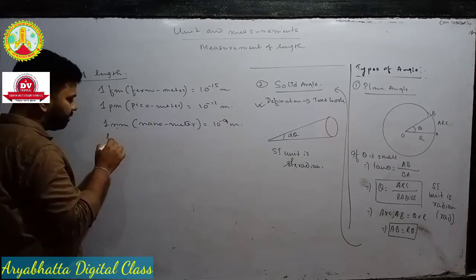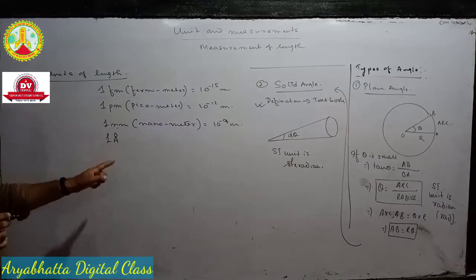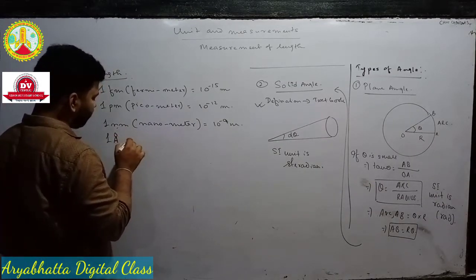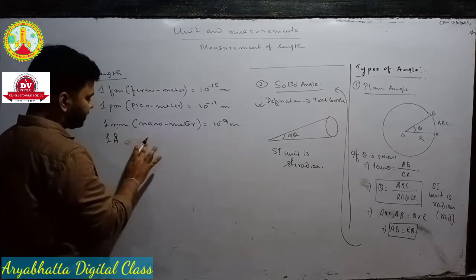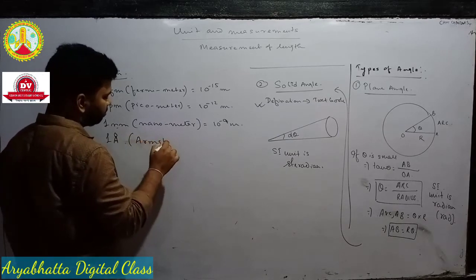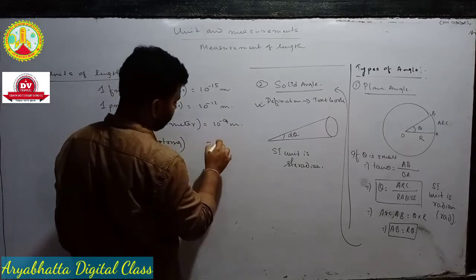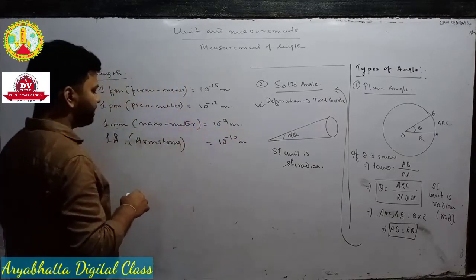One very important unit, 1 A0. This is known as Angstrom. 1 Angstrom is 10 to the power minus 10 meter.